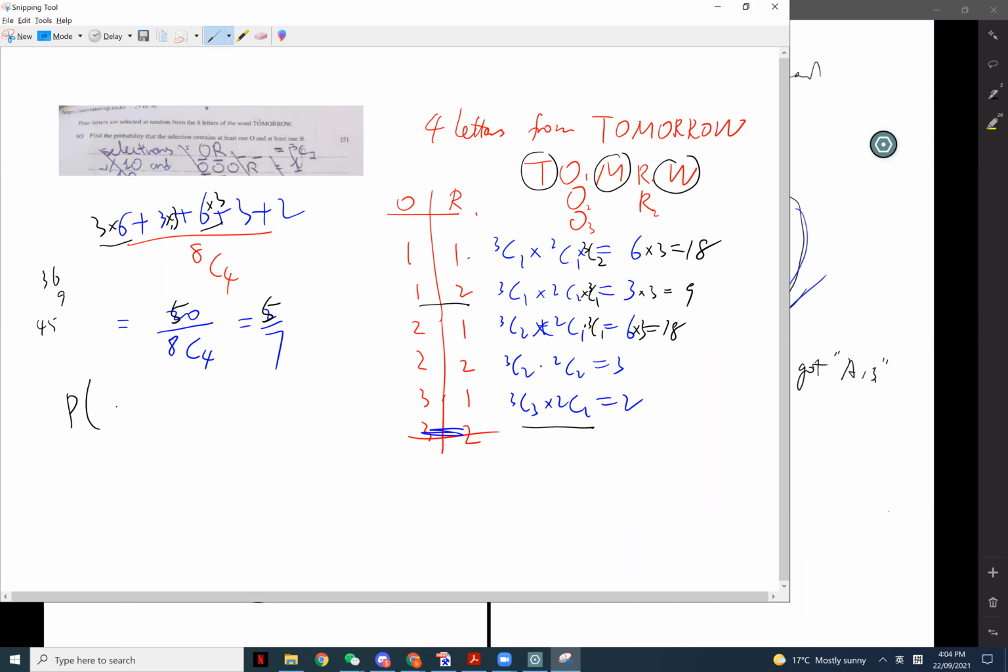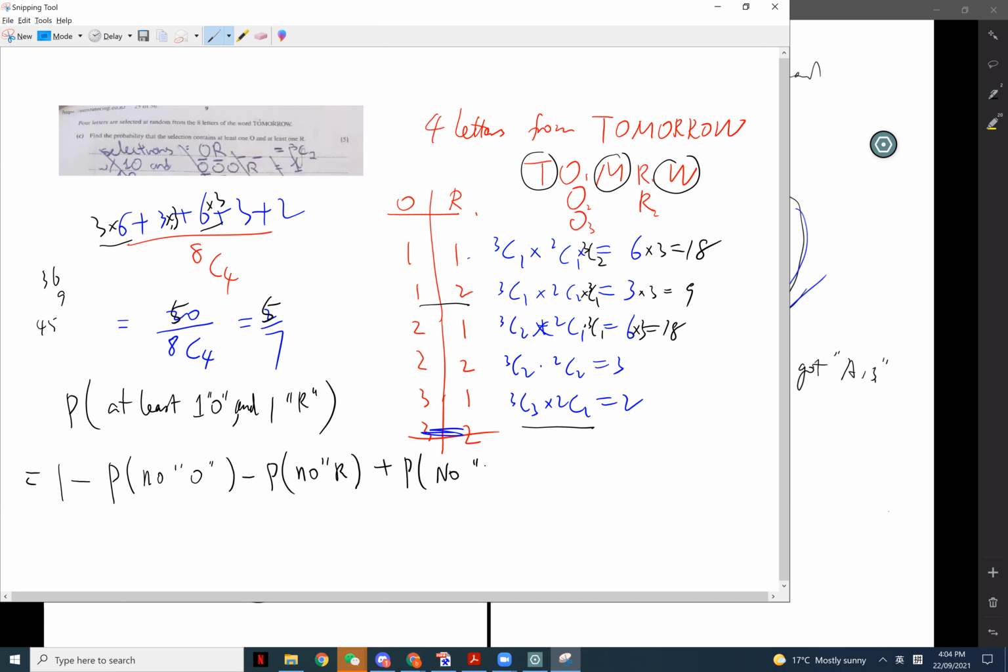If you need a probability of at least 1 O and 1 R, that will be 1 minus probability no O, minus probability no R, plus probability no O and no R. Jeffrey, do you understand this working?